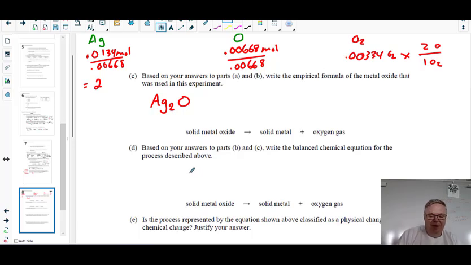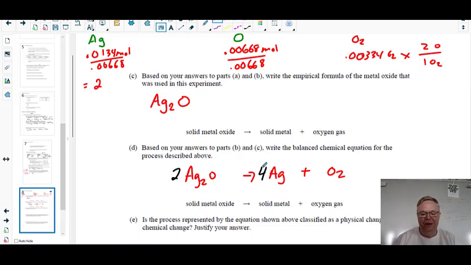So now we can do our formula. I've got Ag2O going to Ag plus O2. So balance that out. We know we've got to have 2 of these and 4 of those. So that would be our balanced equation for that experiment.